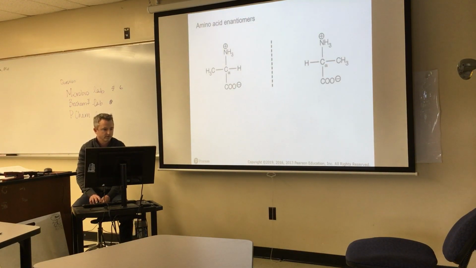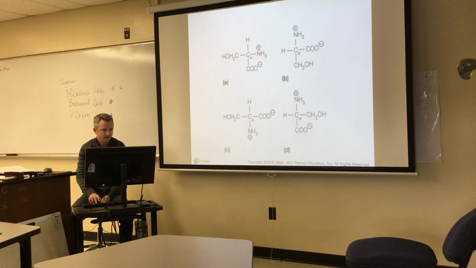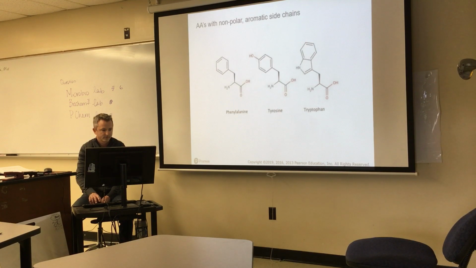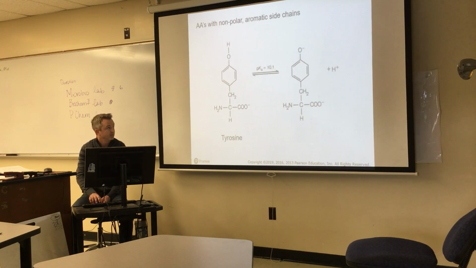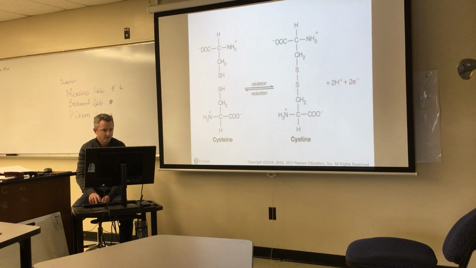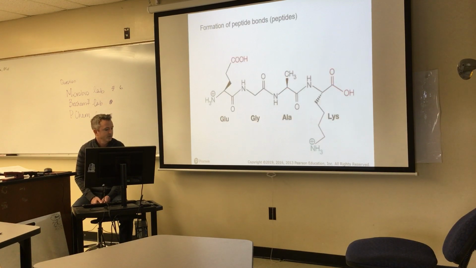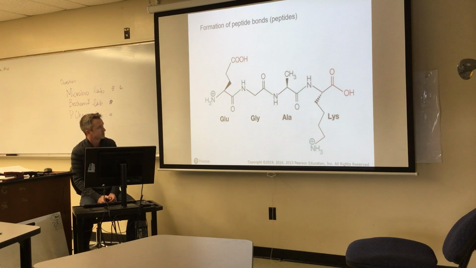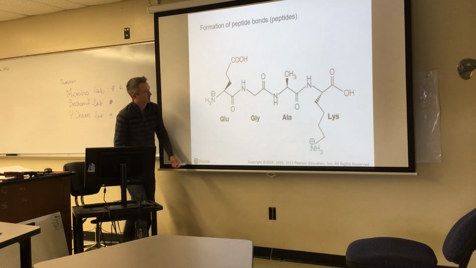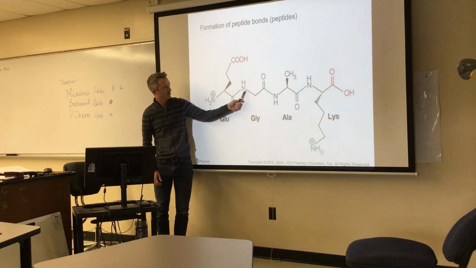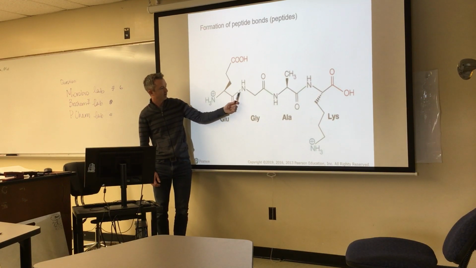We already went through and talked about the enantiomers, the amino acids with polar and nonpolar side chains, and the rare amino acids found in nature. There's an example of the formation of the peptide bonds, which we just discussed briefly. And there's your peptide bond from the nitrogen of one amino acid to the carboxylate of another.